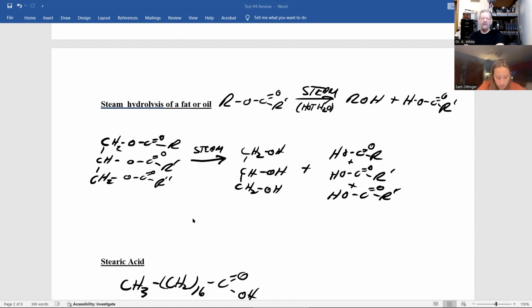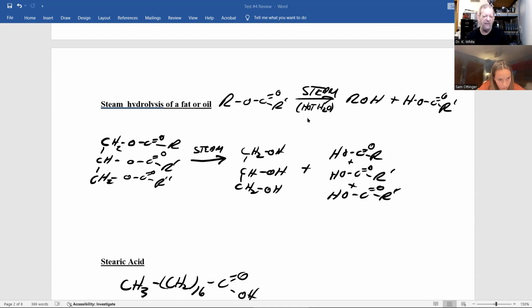The other is a rule of thumb for most reactions. For every 10 degrees you heat up a reaction, the reaction rate, how fast it goes, doubles. Therefore, instead of using water and acid, if you use hot water, very hot water, you get the same reaction as acid hydrolysis. You take an ester and use steam.